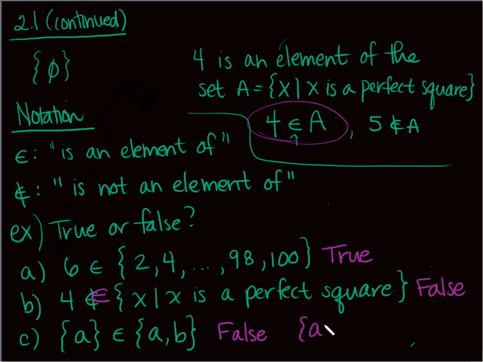If I had the set {A} as an element of, let's say, the set {{A}, B}. Let's call this set C. What are the elements of set C? It's the set {A}, the set that consists of the element A, and it's B.